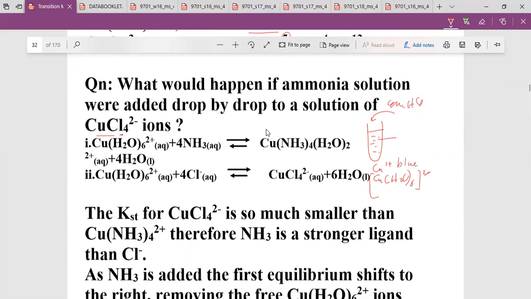Oh, sorry, green. Because CuCl4 2- is yellow, plus some blue, it's green. But the more HCl you put in, the more it becomes yellow. In the end you get a yellow color.